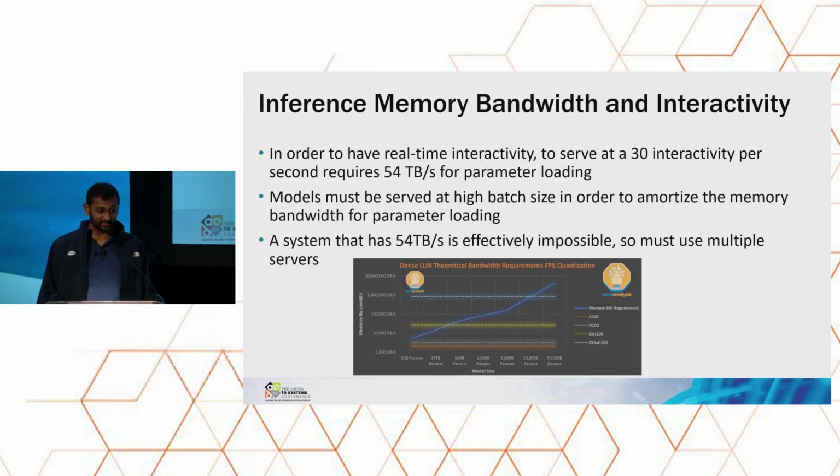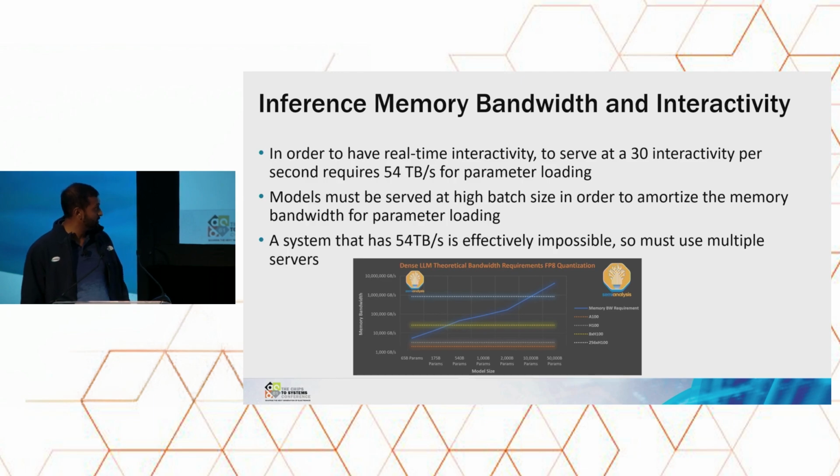That's 50 terabytes a second, 54 terabytes for just loading the parameters, ignoring KV cache, ignoring the activations, right? That's the middle states of the model as you're processing it. So just the parameters is 54 terabytes a second of memory bandwidth. You can see that there's no real system capable of achieving high throughput on a single chip, right?